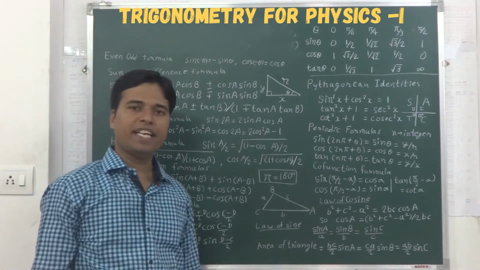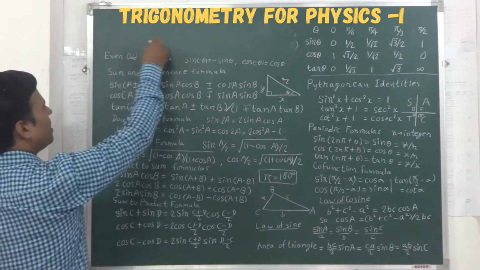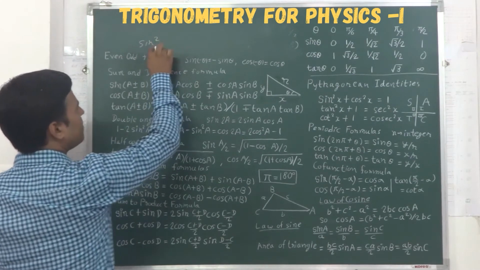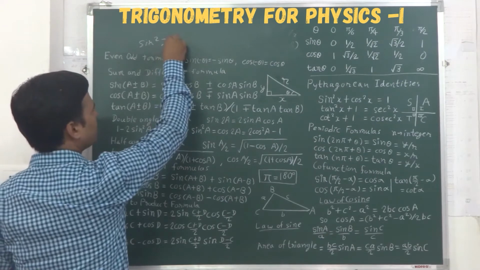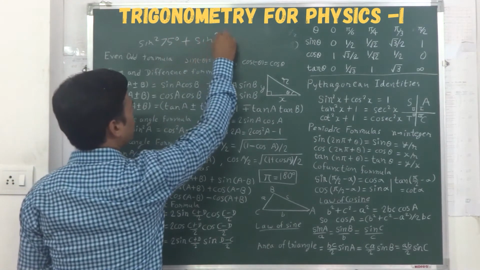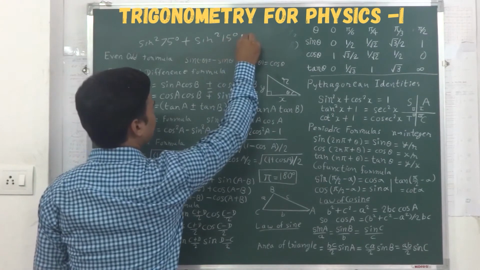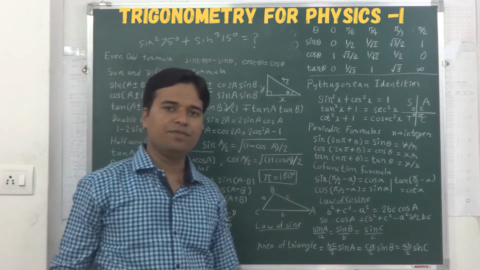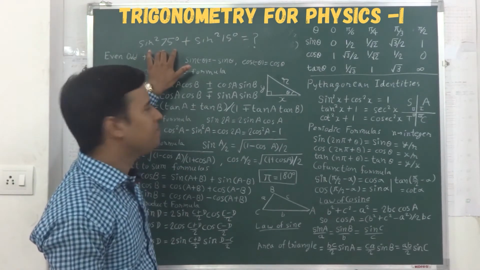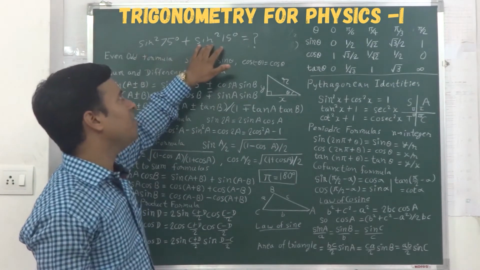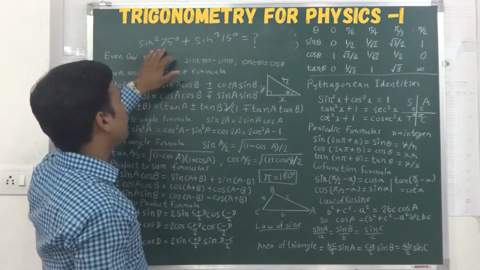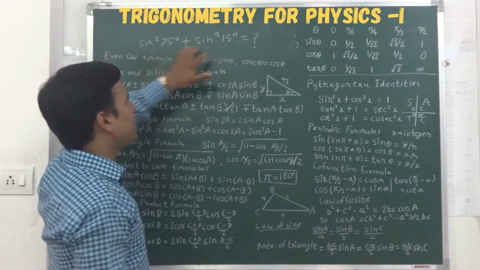In another problem, use your own method to solve this problem. You can comment to me related to your doubts. Now in another problem, you will have to find out the value of sine square 75 degree plus sine square 15 degree. That is the unknown value. You know the value of sine of 75 degree, but you don't know the value of sine of 15 degree. But dear students, here is an important relation.